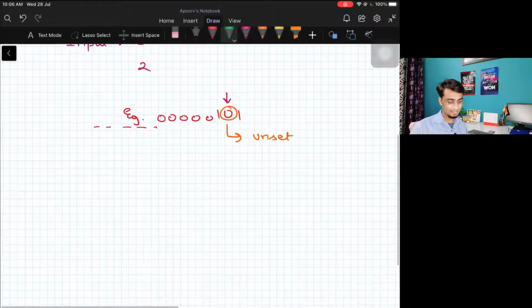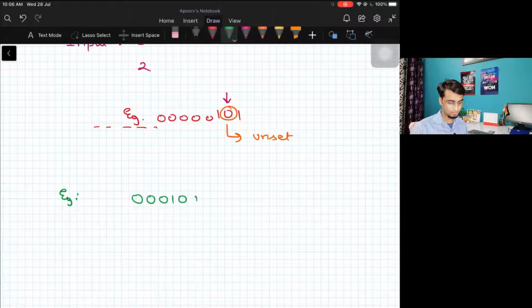So let's say, for example, the number given to us is 101, and you need to find out the second bit. What you do is you just place a 1 below the second bit.